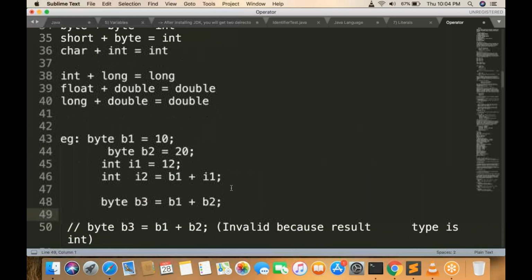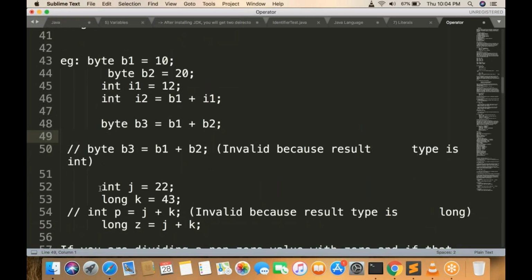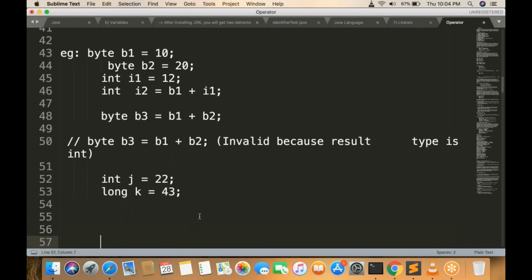Now see here, suppose int j is equal to 22, long k is equal to 43. So now you tell me, if I write int z is equal to j plus k, what is the result type? Abhinay, what is the result type?